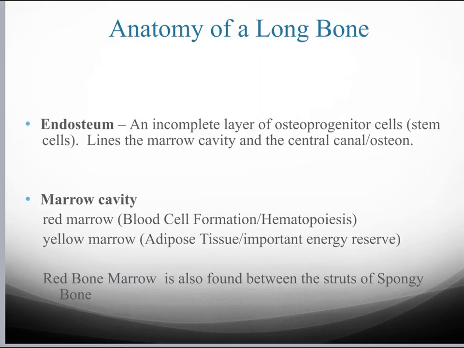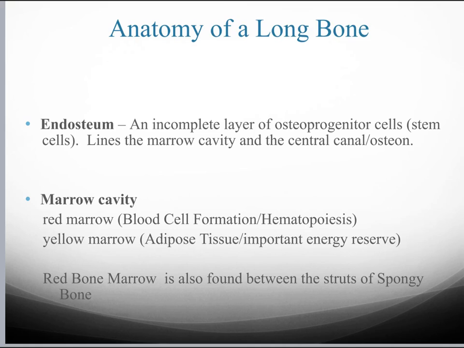Now as we move to the inside, that medullary cavity is lined with an endosteum. It is an incomplete layer of osteoprogenitor cells. These are stem cells that give rise and form our osteoblasts, so our bone building cells. The endosteum lines the marrow cavity and the central canal of our osteon. Lastly is our marrow cavity. This is where we're going to find our different types of marrow.